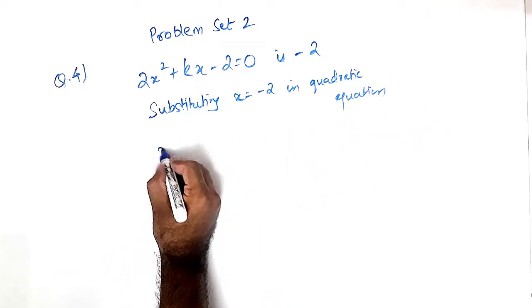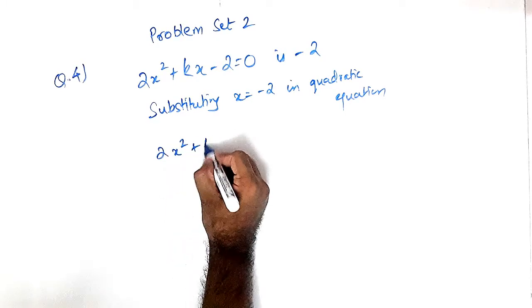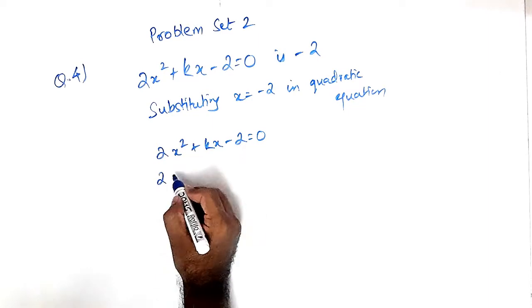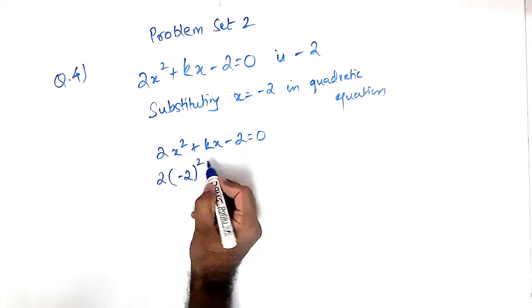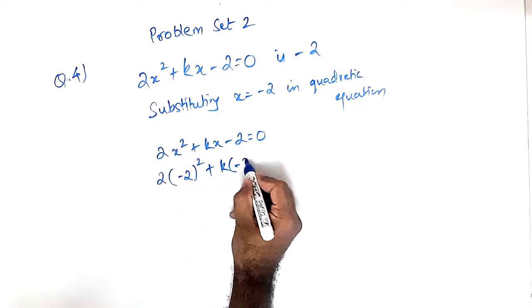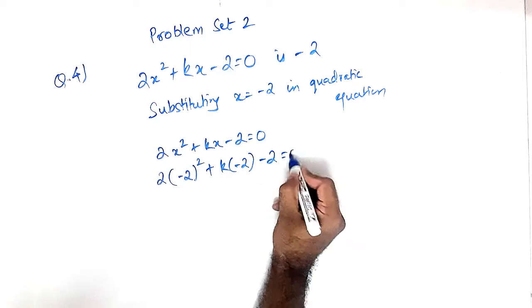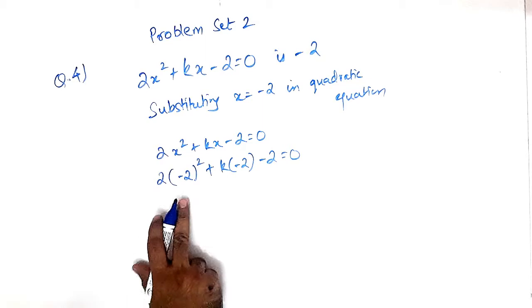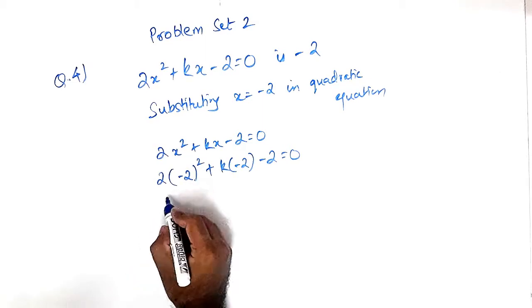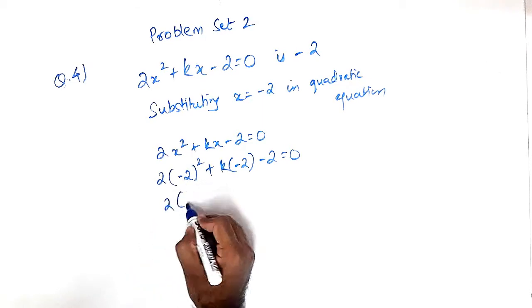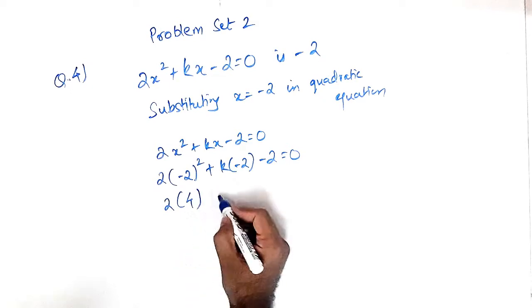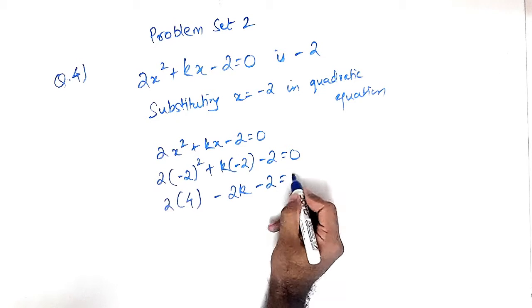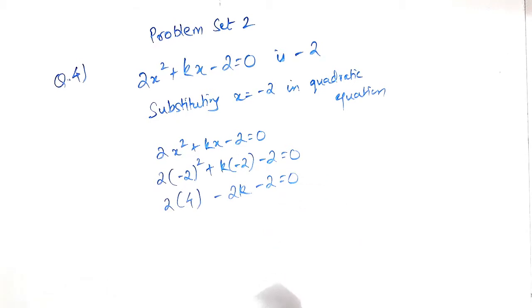Okay, so I'll first write the equation once again and then substitute. 2x square becomes 2 into minus 2 square plus k into minus 2 equals 0. Wherever you find x, replace it with minus 2. Now 2, this becomes 4, this becomes minus 2k minus 2 equals 0.